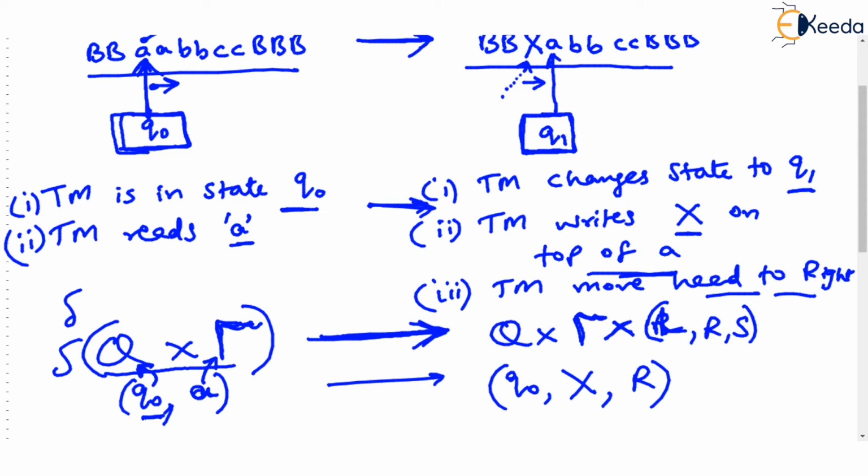It results in going to Q1 state, and this letter A has been overwritten as X, and the head has been moved to the right. So isn't Q1 a member of Q, X a member of the tape symbols, and R belongs to these particular options? Okay, so come again. At any point of time, Turing machine is in some state and it is reading some input. Then Turing machine may or may not change the state.